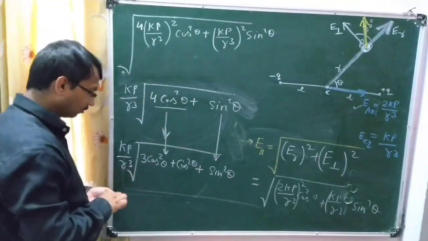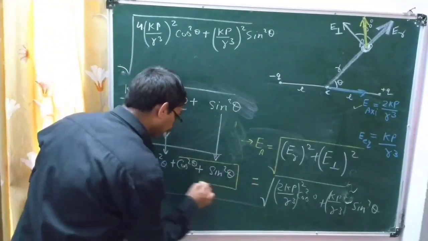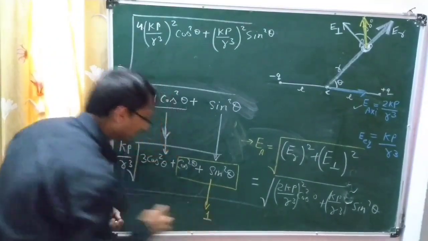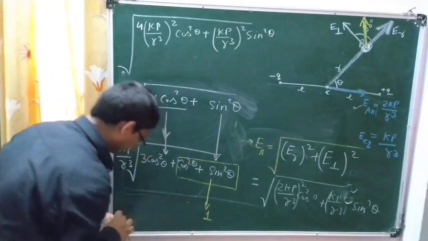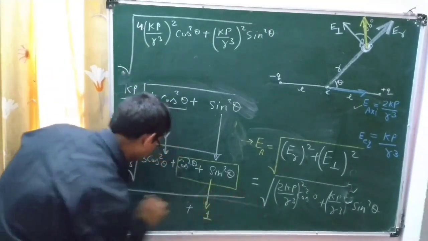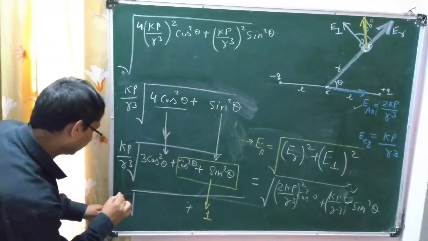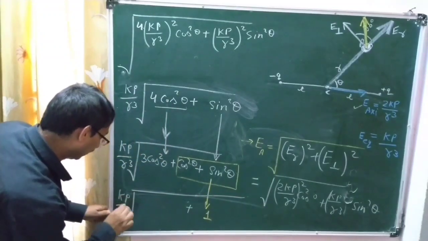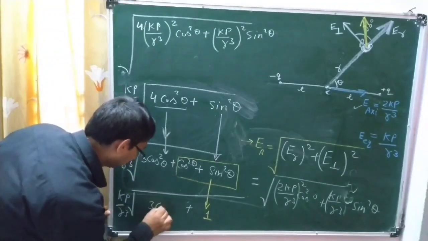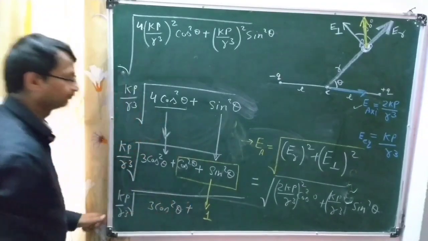Now cos square theta plus sin square theta becomes 1, so we get kp upon r cube times the square root of 1 plus 3 cos square theta.